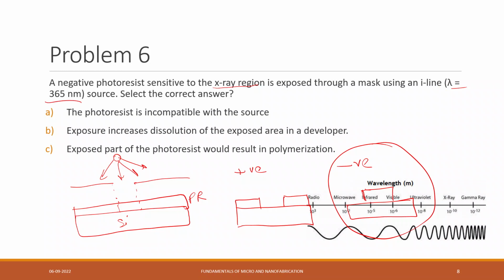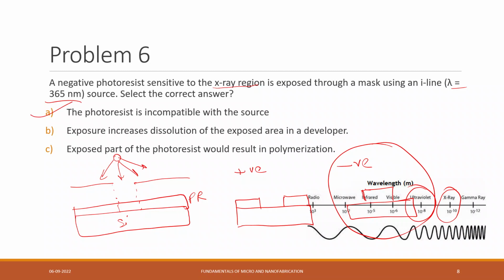Here it is written that the photoresist is sensitive to the X-ray region, and you are exposing it with an ultraviolet source. The X-ray wavelength is very small compared to the lambda of 365 nanometer I-line source. So the first option, that this photoresist is incompatible with the source, is the correct one.